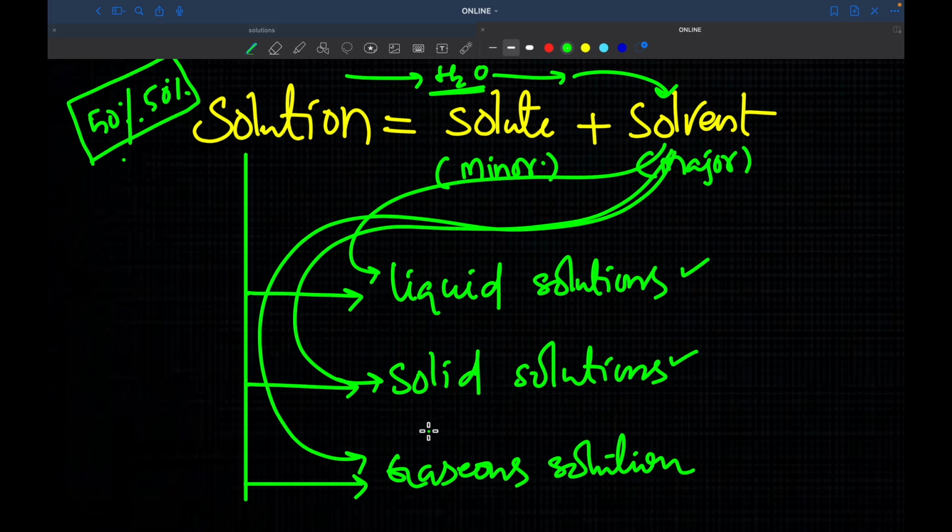If your solvent is gas, you will get a gaseous solution. Do you understand this? Because the physical state of the solution is the physical state of the major component of the solution. The major component is always the solvent. That's why it acquires the physical state of the solvent.